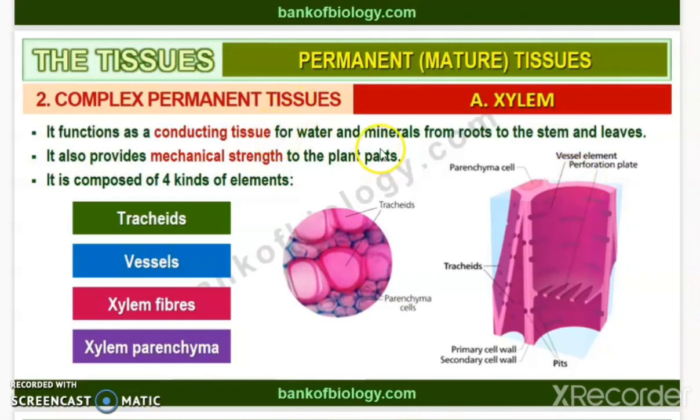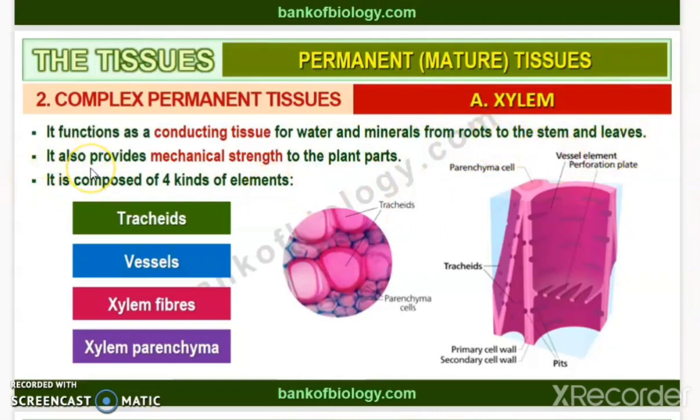And this water and mineral is needed by every part of the plant. So the root will be absorbing these water and minerals from the soil, and they will move into the conducting tissue, which is the xylem.